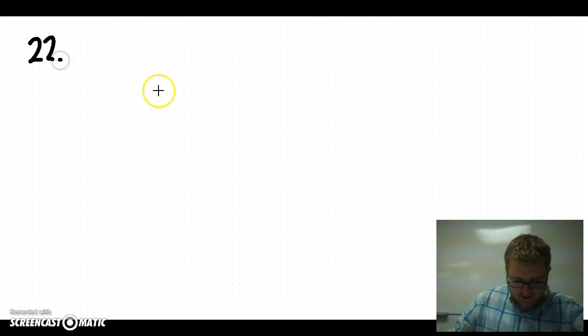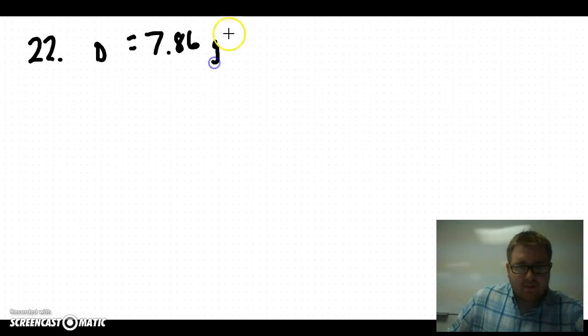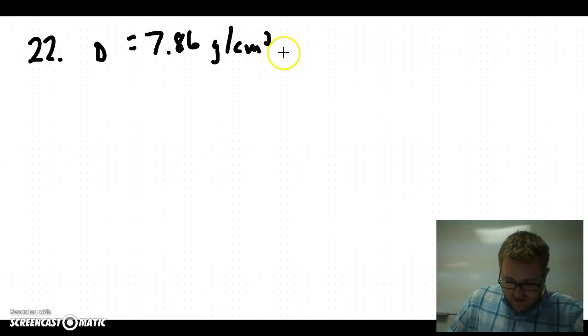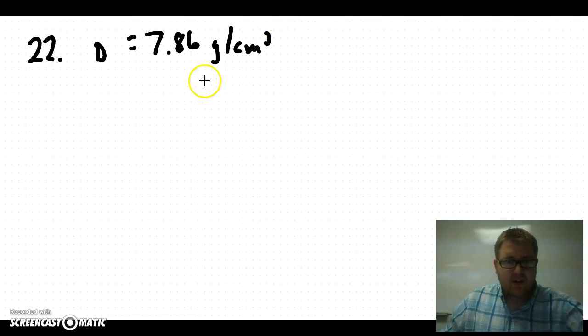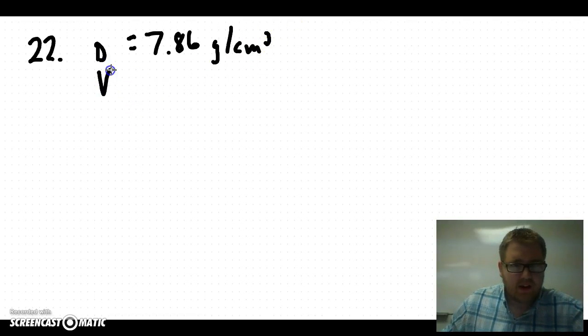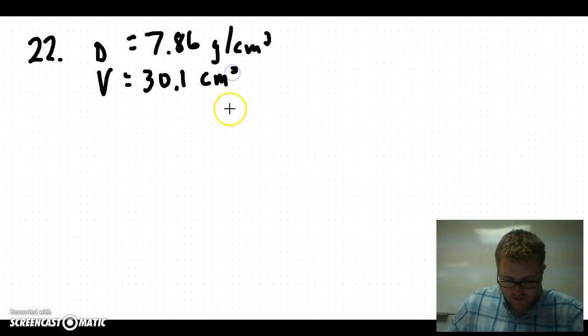So for number 22, we're dealing with density. Density of iron is 7.86 grams per cubic centimeter. You're given the unknown metal that has a volume of 30.1 cubic centimeters. We know that density is mass per volume.